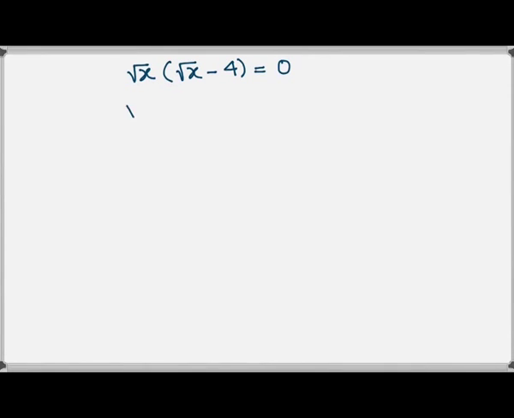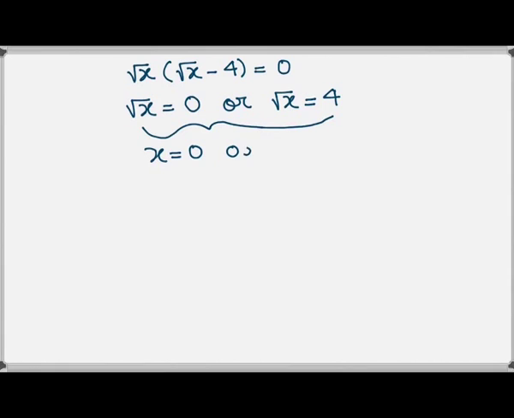From here we conclude that √x = 0 or √x = 4, and from here we get that x = 0 or x = 16. Now recall that we are in the case x ≥ 9. So x = 16 is possible, but x = 0 is not possible in this case.